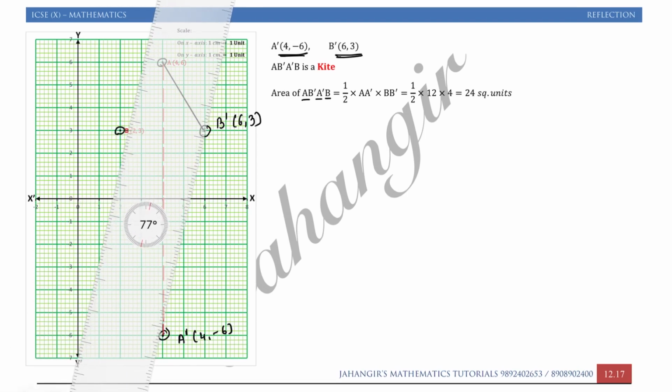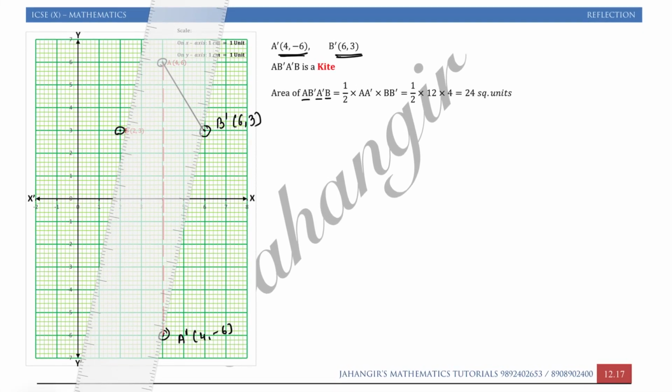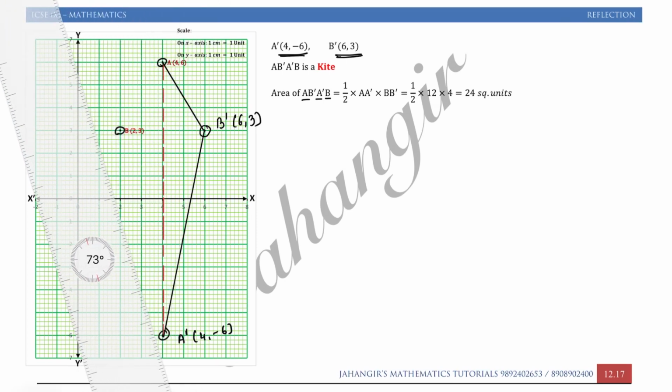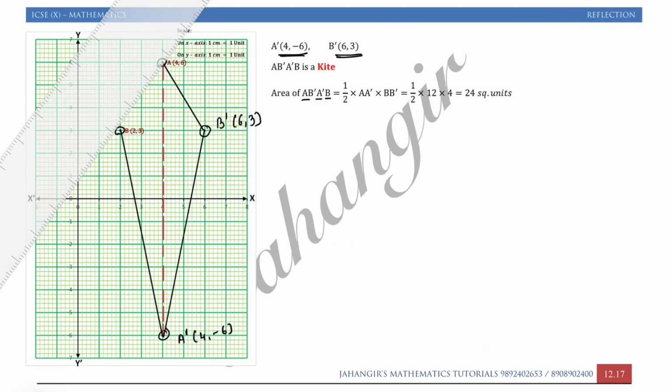You have to go in the sequence. A', you have to join with B. And B you have to join with A. First and last should always be joined to get a closed figure.